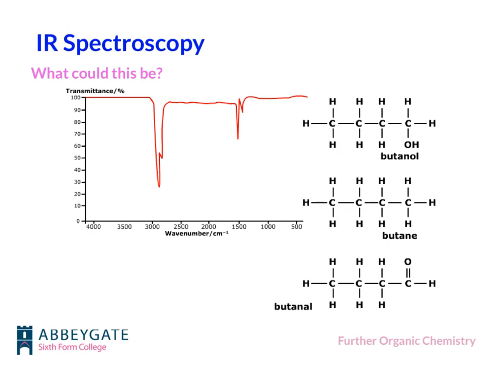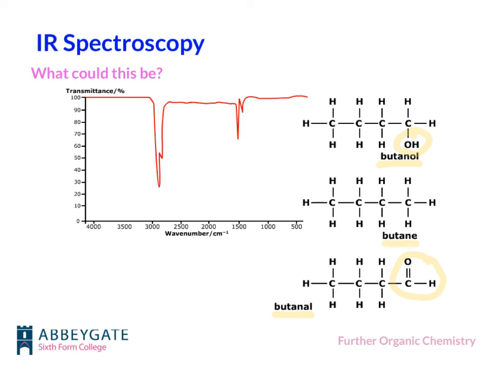So let's consider this second example. We've been told that this is either butanol, so another alcohol, or it could be butane, so an alkane, or it could be butanal, which is an aldehyde. Okay, so we're either looking at an alcohol, an alkane, or an aldehyde. So if we look at the spectrum, it's a pretty bland spectrum. There's not a whole lot going on in there.